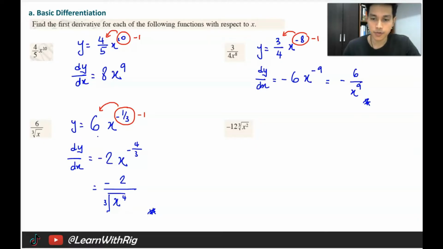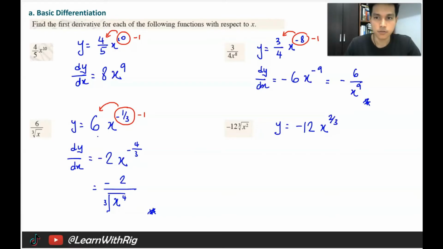Clear? So now next, let's see, y equals negative 12 cube root of x squared. This one is much more complex, like I said. What you're going to do is write it in terms of power first. Negative 12 x power, cube root means fraction, so 2 over 3.